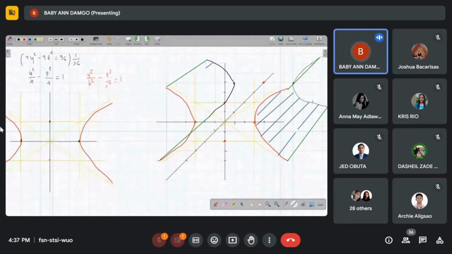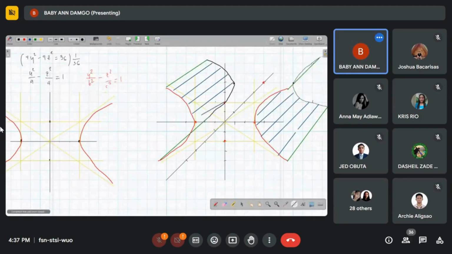Okay, so the same with the right. Okay, so we have this graph. Okay, question?